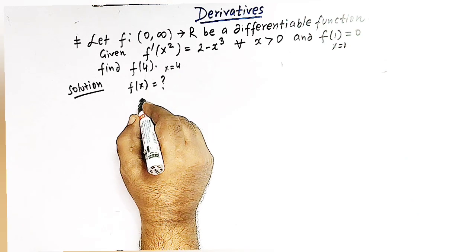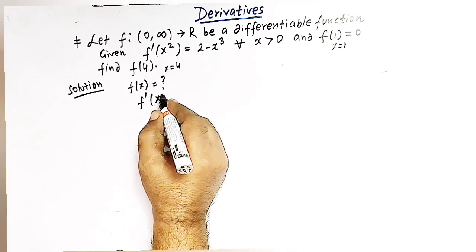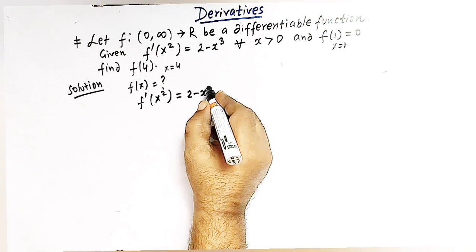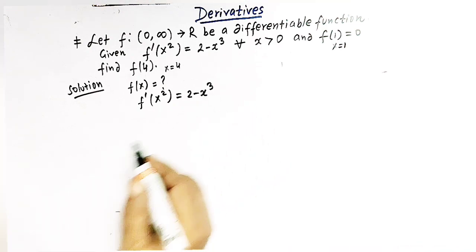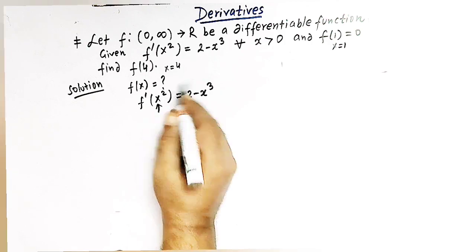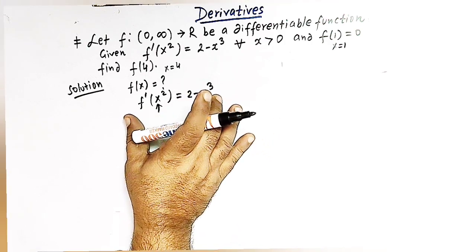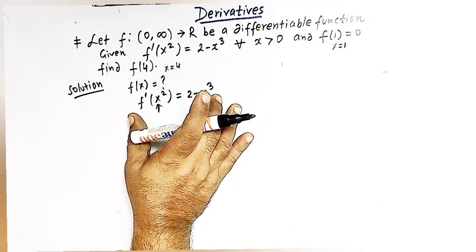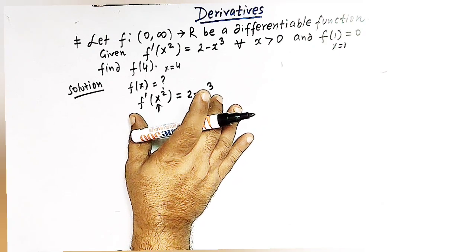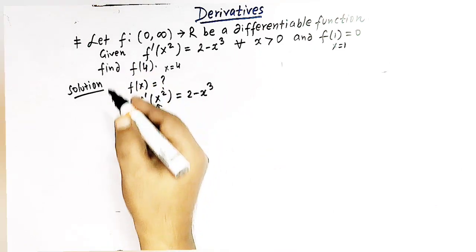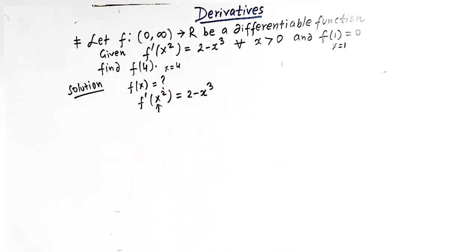So we'll start with this expression, that is f prime of x square is equal to 2 minus x cube, right? Now see here the input is x square, right? And if we closely observe this expression, then we can see that this is a functional equation in which the derivative of f is involved, right?